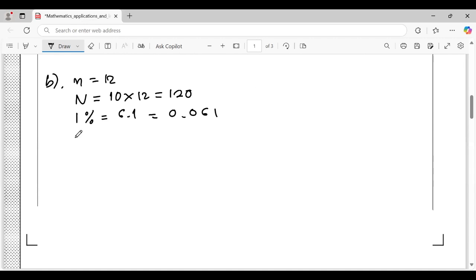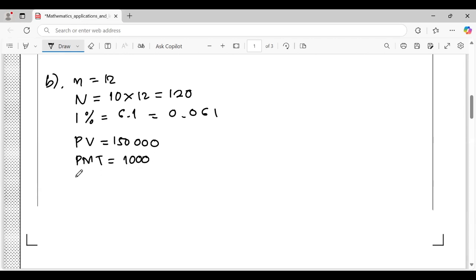And next, present value. The present value is 150,000. And then PMT, or periodic payment, for one annuity. This is 1,000.